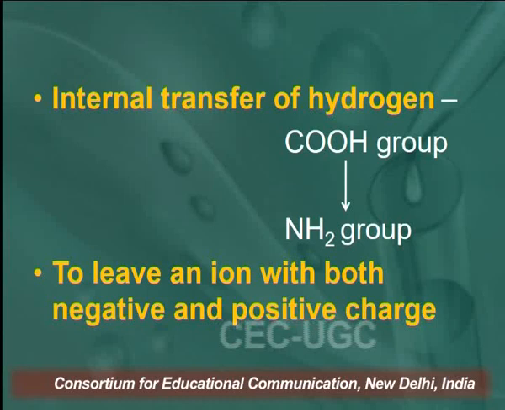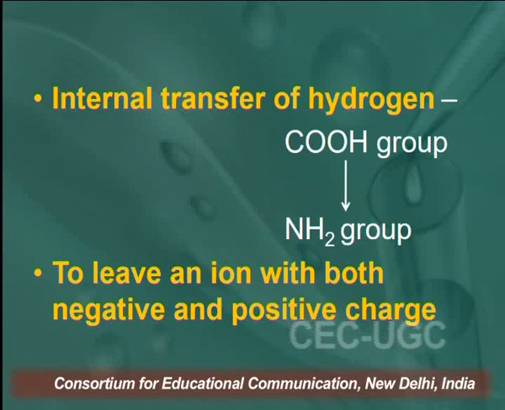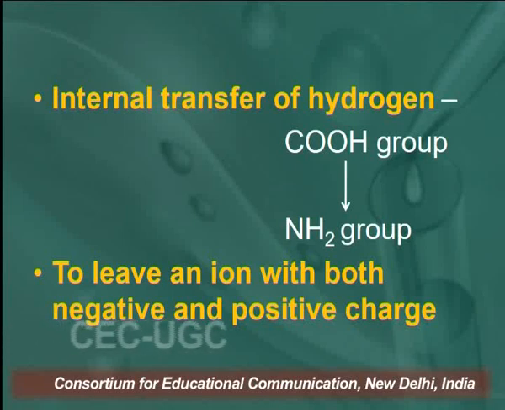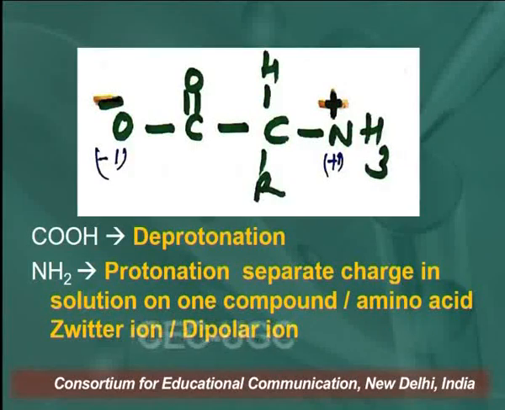positive charge. So, due to the internal transfer of a proton which is present on the carboxylic group, and NH2 also having 2H, due to that transfer of the proton, the hydrogen, it leaves the amino acid as a dipolar ion and it has both negative and positive charge.